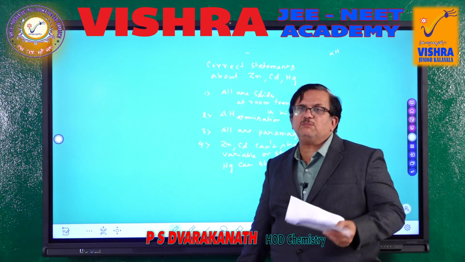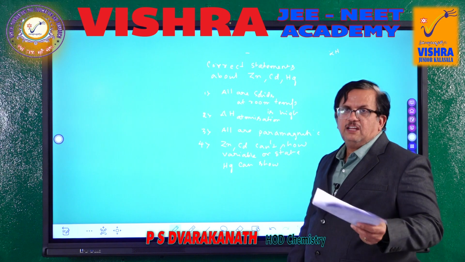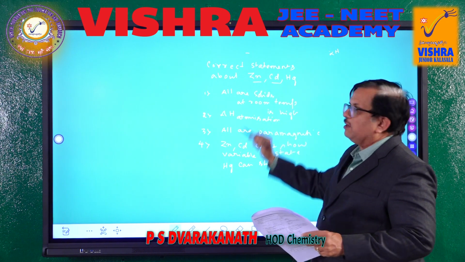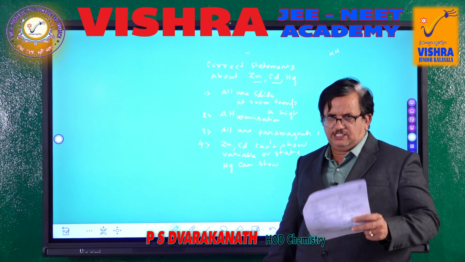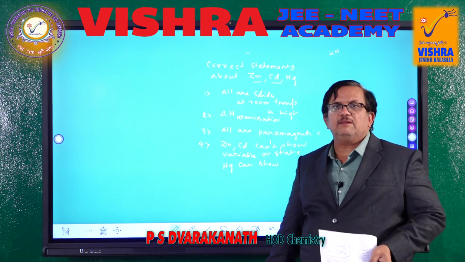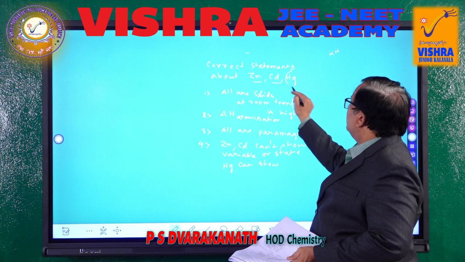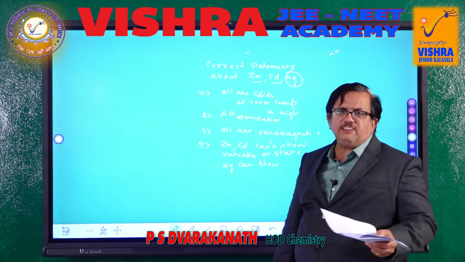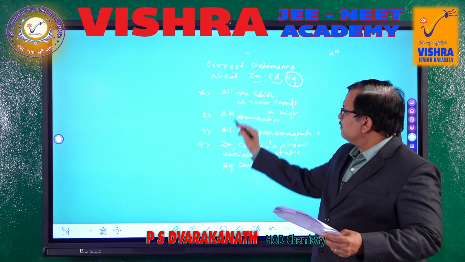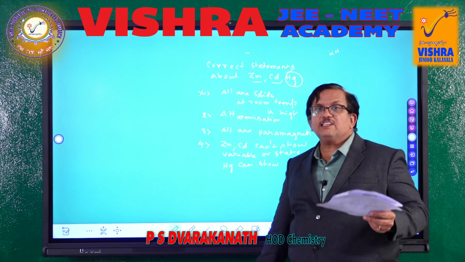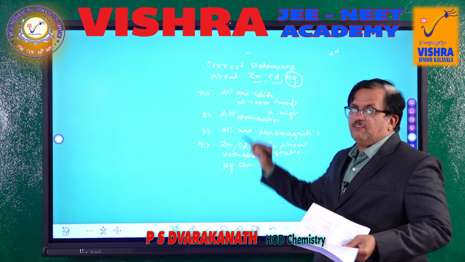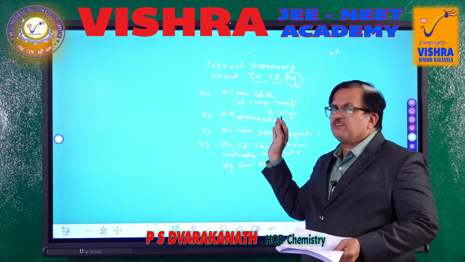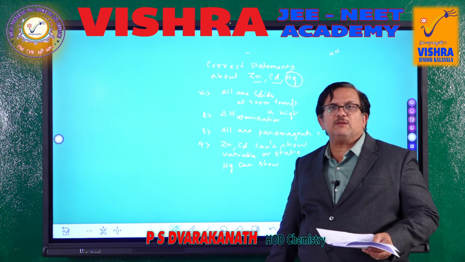Then which statement is correct? Look at the first statement, then you will get a doubt, isn't it? Because you know that zinc, cadmium, they are metals, they are solids. Mercury is also a metal, but it exists in the liquid state. Therefore, the first statement is incorrect. What about the second one? Delta H atomization is very high for these metals. How can it be? When you move from left to right, what happens to the atomic size?